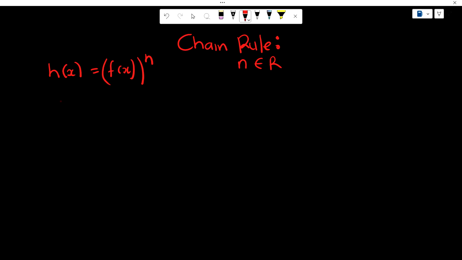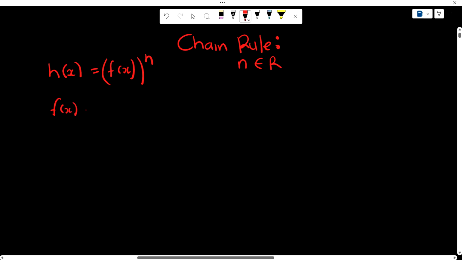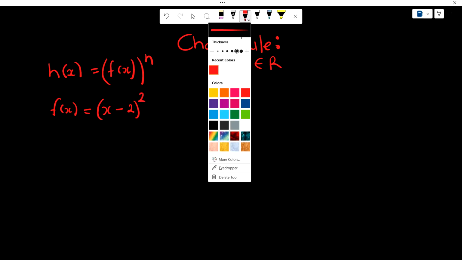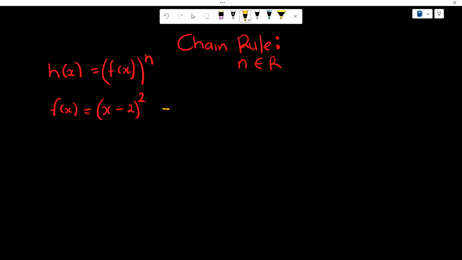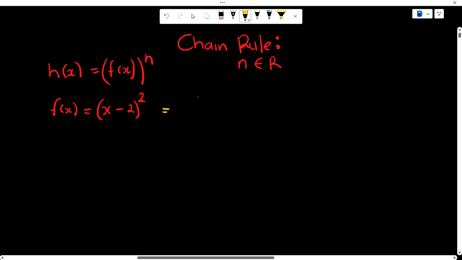Let's say I have f(x) equal to (x minus 2) squared. How will you go about differentiating this? Well, you will tell me, okay, we could expand the bracket. It could be (x minus 2)(x minus 2), and then I could use the FOIL method.